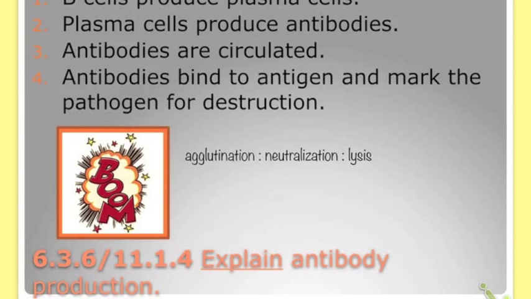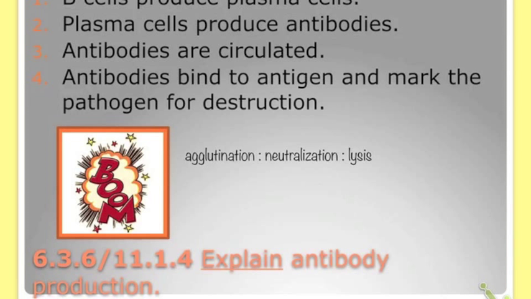Now, just on kind of an interesting side note, there's a few different types of destruction. The one that I described before, like I said, was lysis. But there are two other types that we'll talk quickly about. The first is agglutination. And agglutination is basically when a pathogen is marked by an antigen, that antigen will match up with other antigens that have been marked.